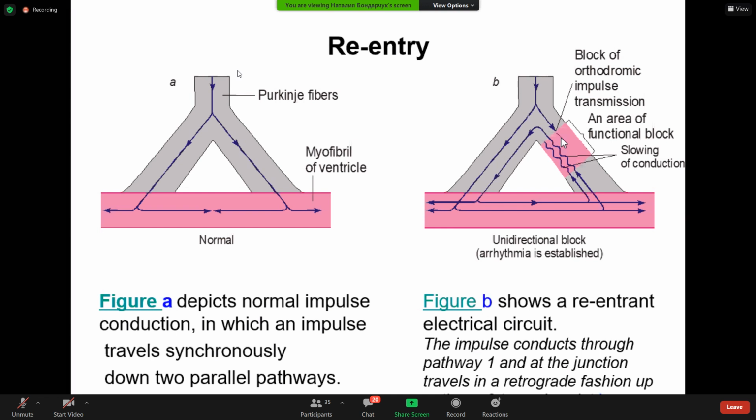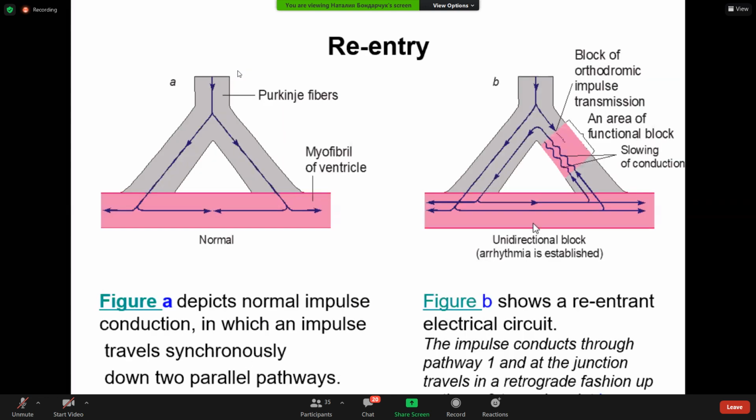So, in the re-entry type of arrhythmia, the orthodromic impulse can travel through the conducting tissue, and if we are speaking about the retrograde impulse, it travels too, and thus to the normal impulse there will be an addition of an extra impulse, and this is the origin of arrhythmia.